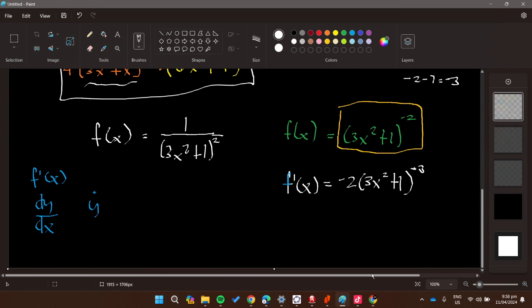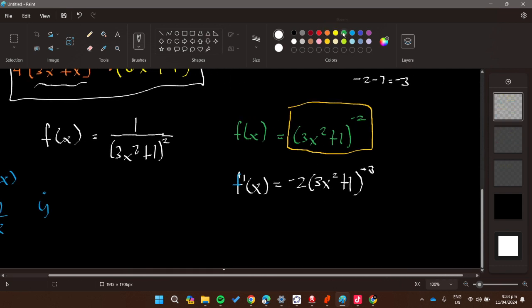And then multiply it by the derivative of the inner function. What is the derivative of 3x squared? That is just 2 times 3x. Derivative of a constant is 0. So simplify, this is negative 2 (3x squared plus 1) to the negative 3 times 6x.